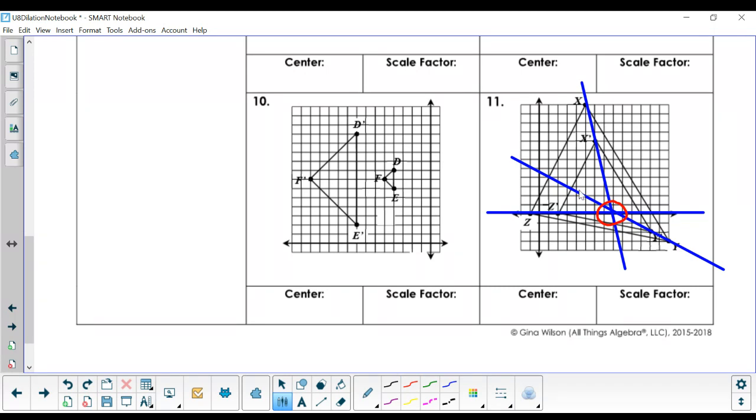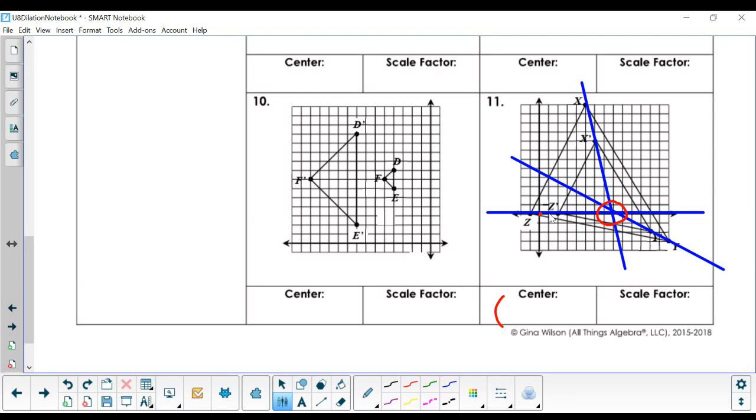That's where all three of our lines cross. So let's count and see where our center of dilation is. And so this line right here, that's our origin.